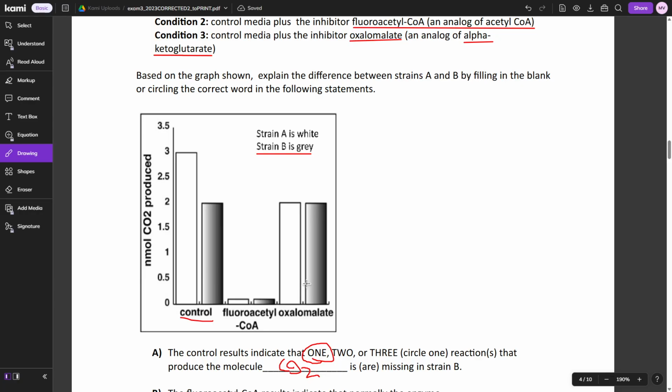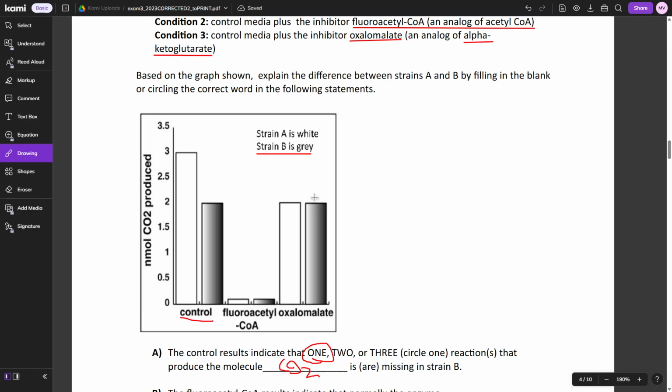Now we go to the oxalomalate condition, and if we look at strain A, we only have 2 CO2s being produced. That makes sense, right? We're inhibiting alpha-ketoglutarate dehydrogenase, which is supposed to produce a CO2. But strain B is also missing a CO2.